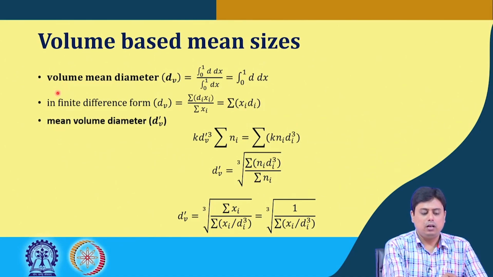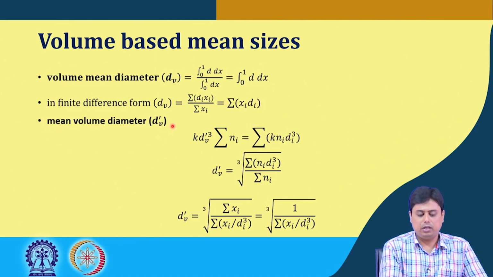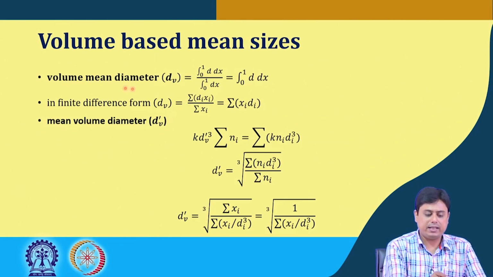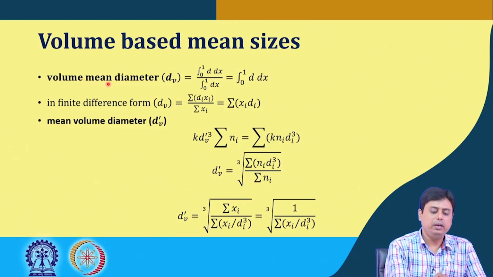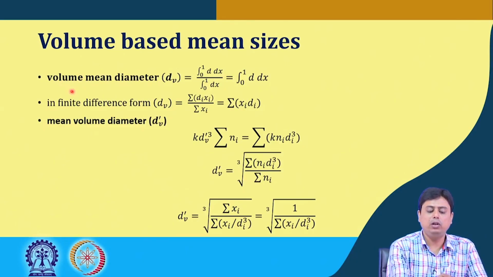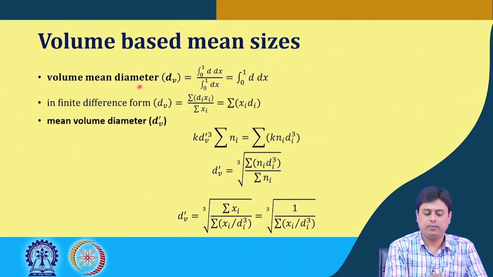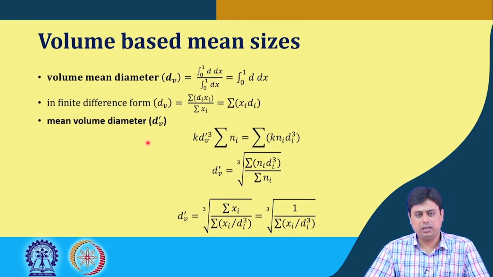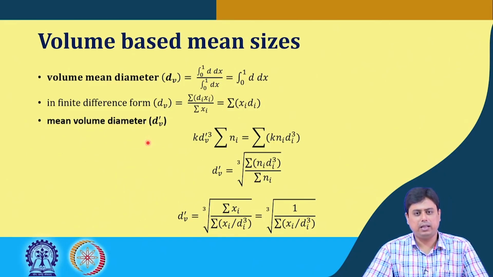Similarly, for the mean volume diameter, you have to look into the adjective, where we put mean after a certain word. Here it was the volume mean diameter. Now we are talking about the mean volume diameter, which means let us say d prime v is the mean volume diameter of that collection of particles and it is uniform.